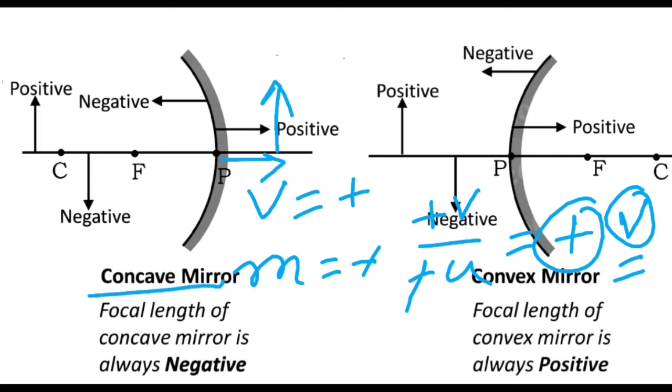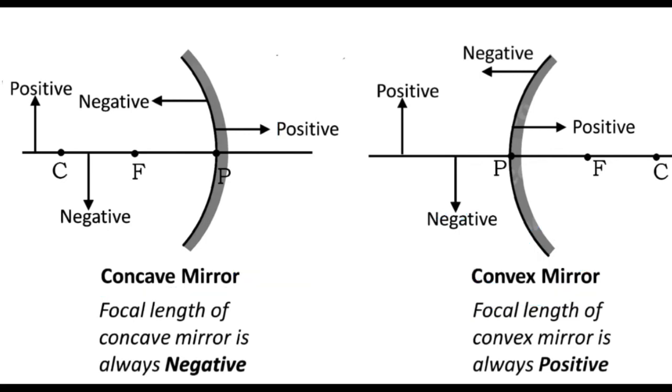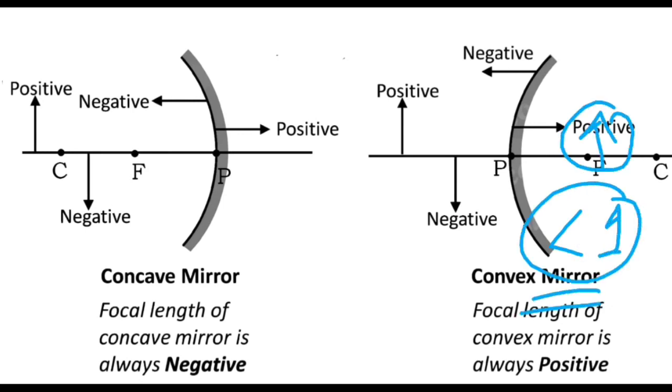And this positive value we will always get in a convex mirror, because they always form virtual images, isn't it? Also, this magnification is less than 1 here because they always form diminished images, meaning the height of the image is always less as compared to the height of the object.